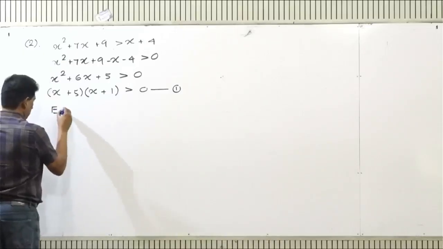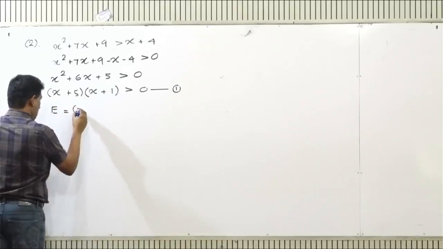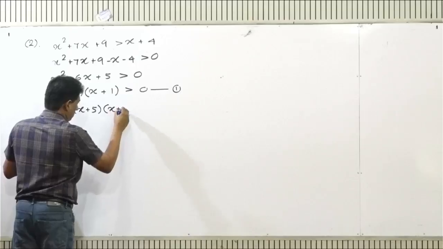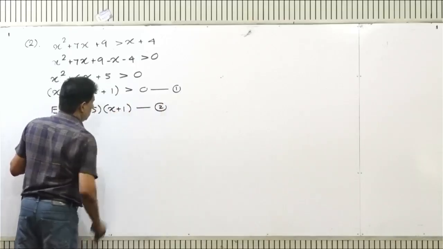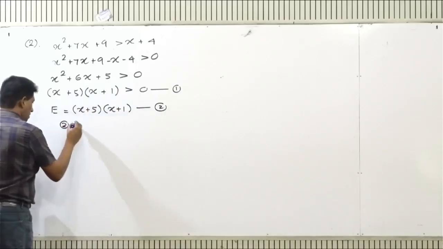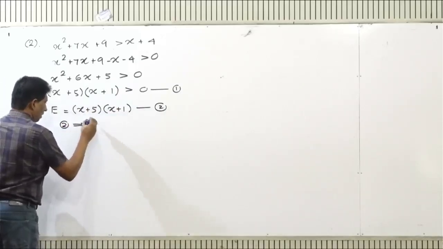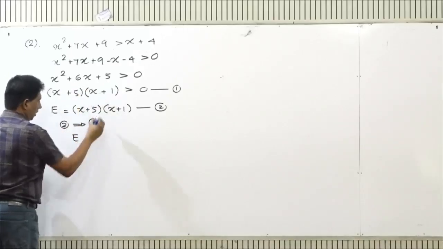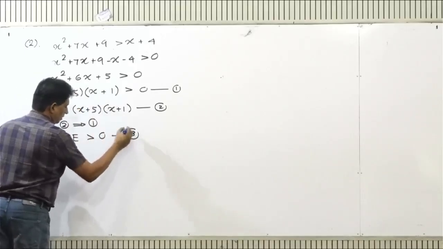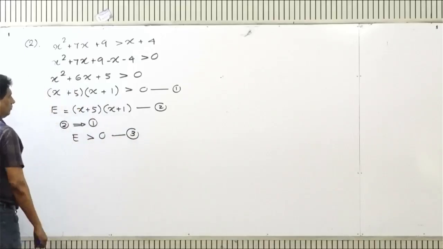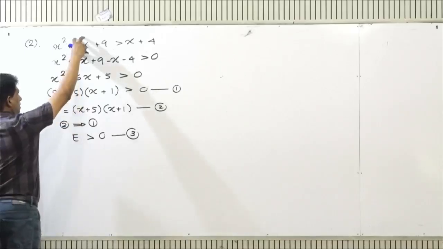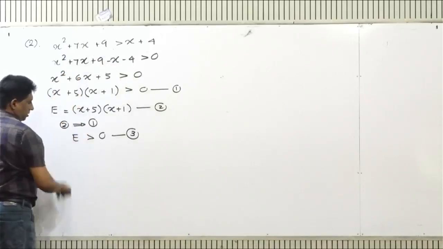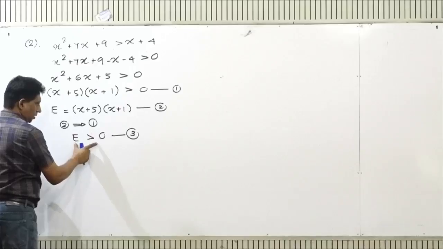Now we take this left-hand side as E. So E is equal to x plus 5 into x plus 1. Now we substitute from equation 2 into inequality 1. That means we substitute E here; the inequality mark does not change, and here 0. This is the inequality. The solution of this inequality is the same as the positive values of E. Now we have to find the x values where E is positive.